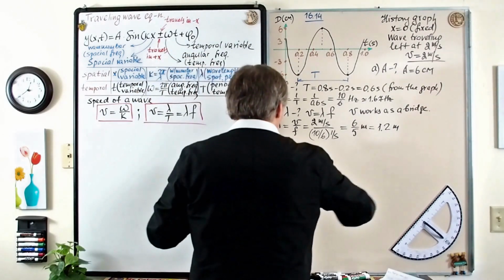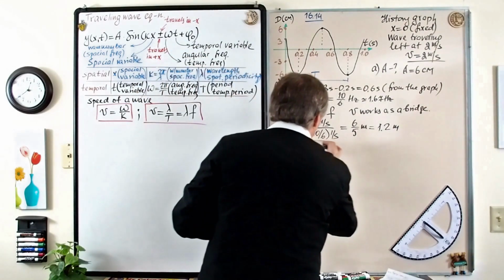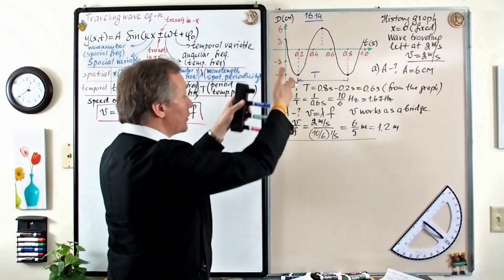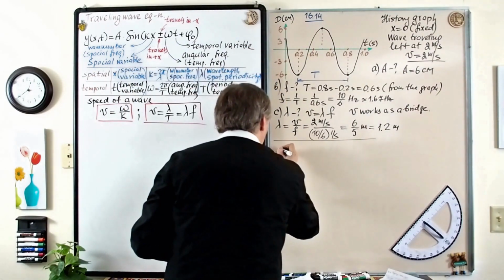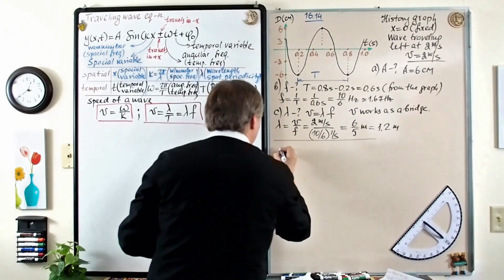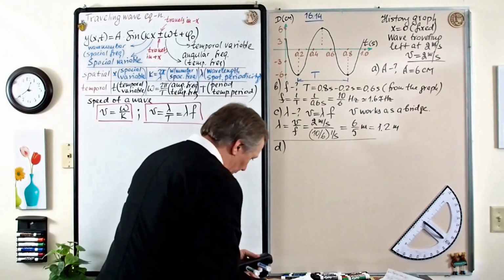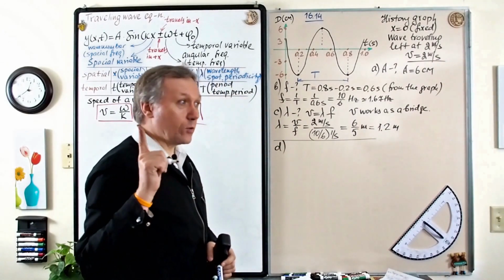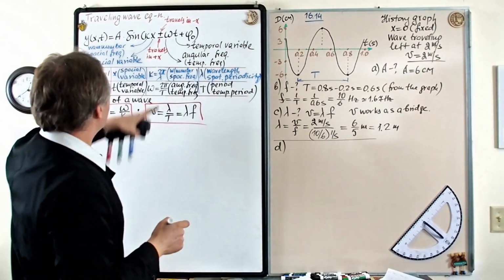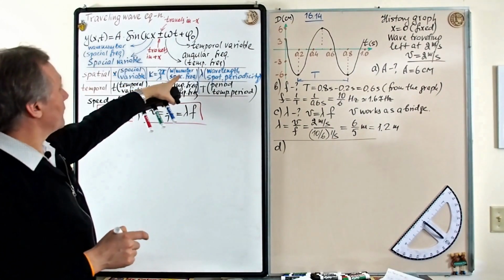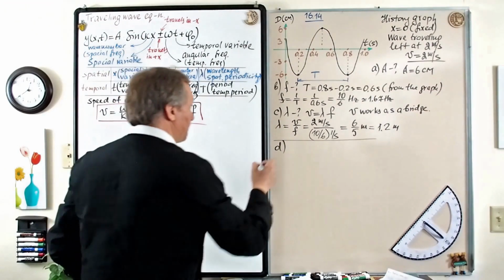Again, at this point the problem is over, but let's continue. So now I will put a line end. Officially the problem is over, but I want to add more questions. A, B, C. Now D. What I want to find in D? Let's find K, the wave number, the spatial frequency.